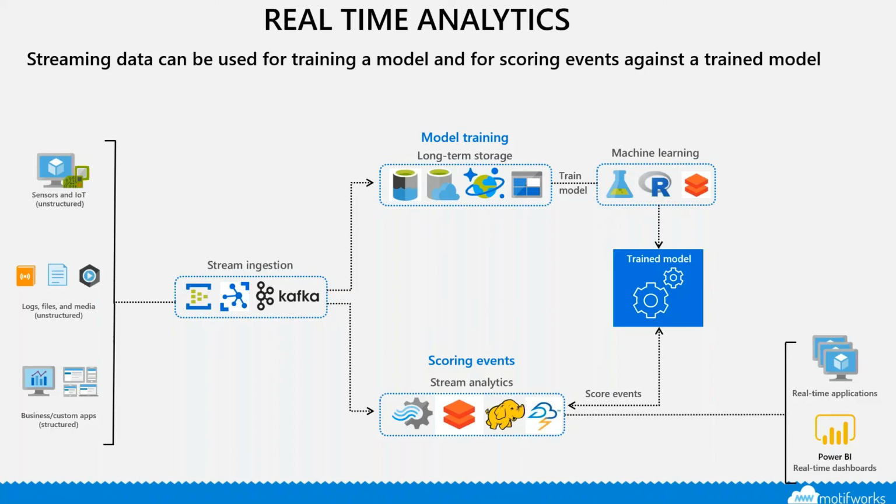You use the stream data to run through your trained models, score those events that are happening in real time, and take real-time actions downstream that you need in your business systems and applications.